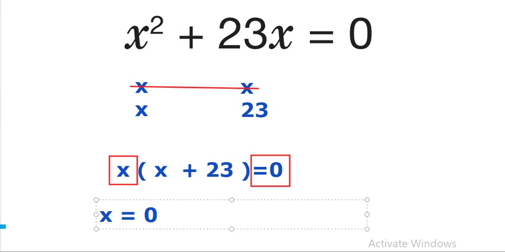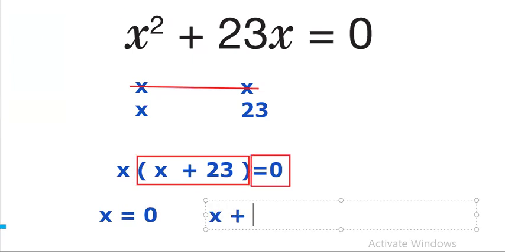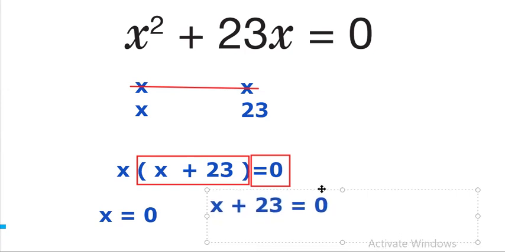Now, I'm going to take the second part, same idea, which is the bracket, and make it equal to 0. So here, x plus 23 equals 0. Now, I'm going to take the 23 to the other side and change the sign. So x will equal negative 23. And this is how you answer a question like this.